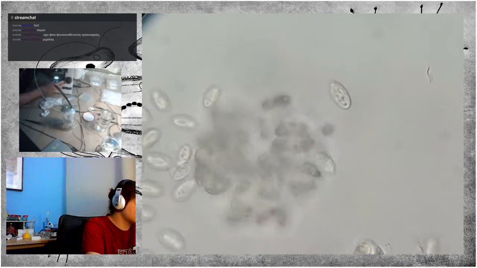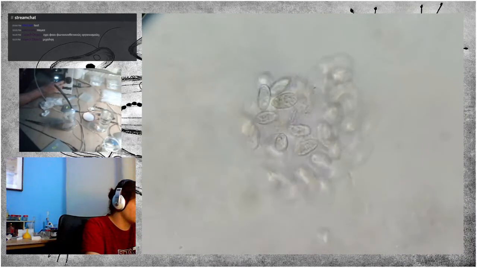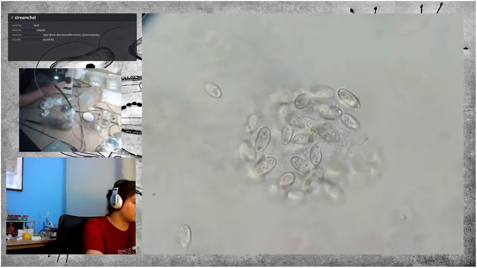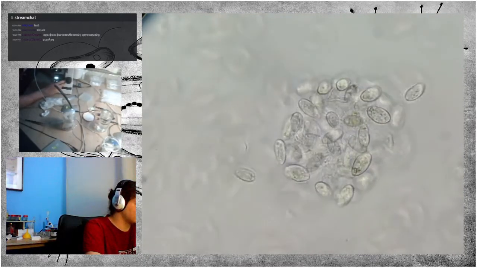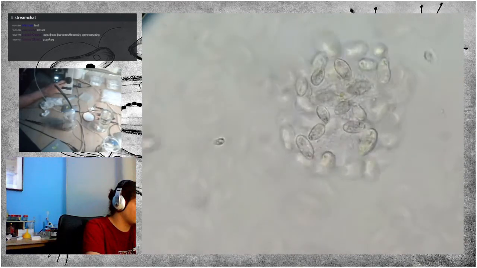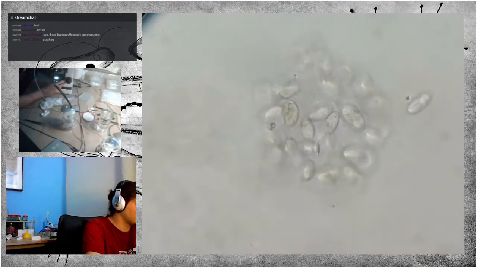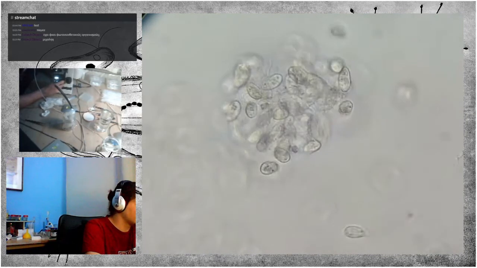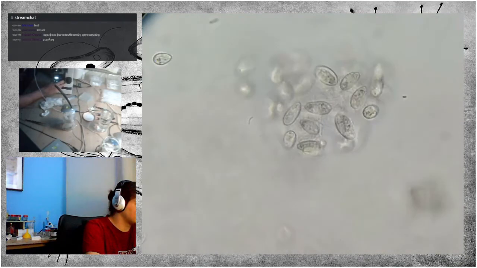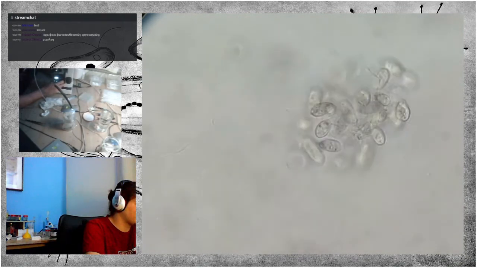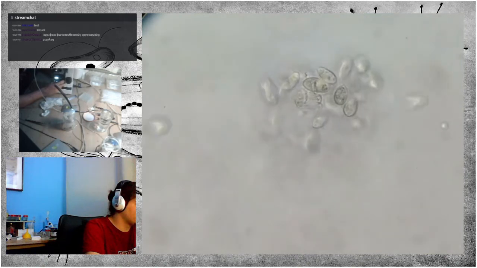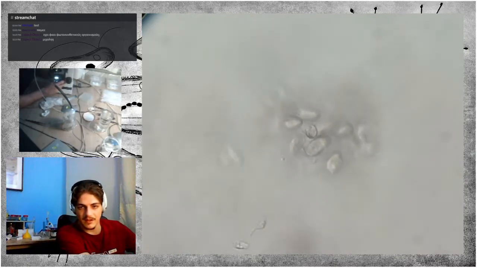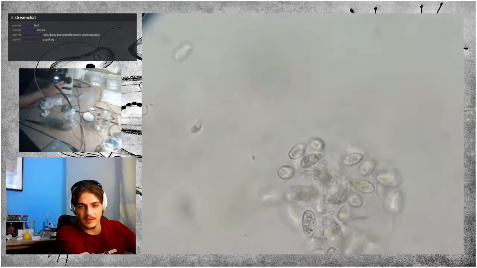Now, this large bunch of ciliates, I really don't know what's happening here. I can see lots of bacteria, and the bacteria could be consuming the ciliates. Really, that's the only explanation I can give, because at least I can see the bacteria. You can see them also.